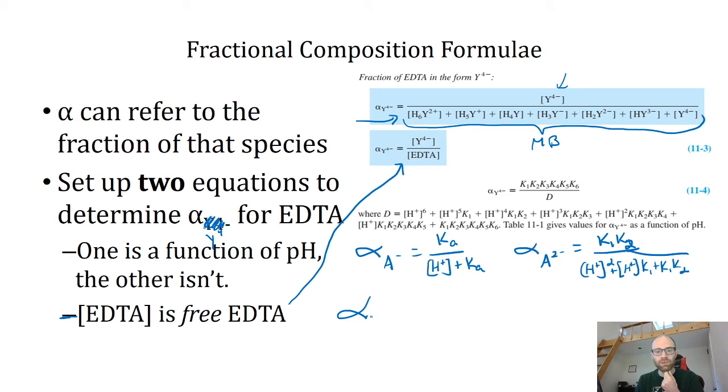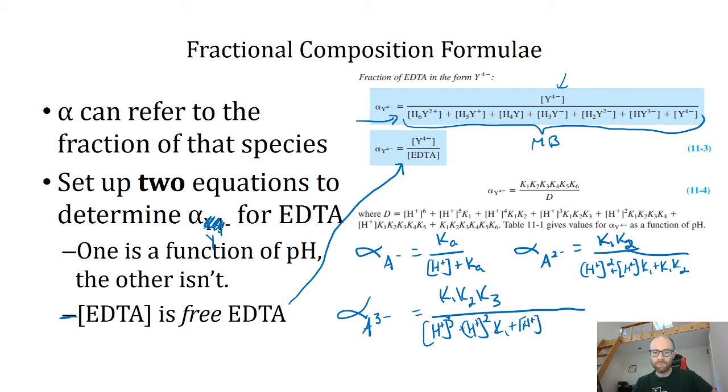If it was a triprotic system, the fully deprotonated A3 minus would be equal to K1, K2, K3 over H plus cubed plus H plus squared, K1 plus H plus K1, K2 plus K1, K2, K3, and there's this pattern that starts emerging.